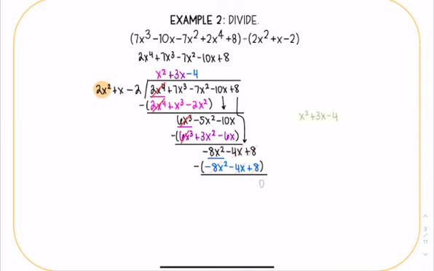So negative 8x squared minus negative 8x squared cancels. Negative 4x minus negative 4x cancels, and 8 minus 8 cancels. So this time we have a remainder of 0. So my final answer is just the top, which is x squared plus 3x minus 4.